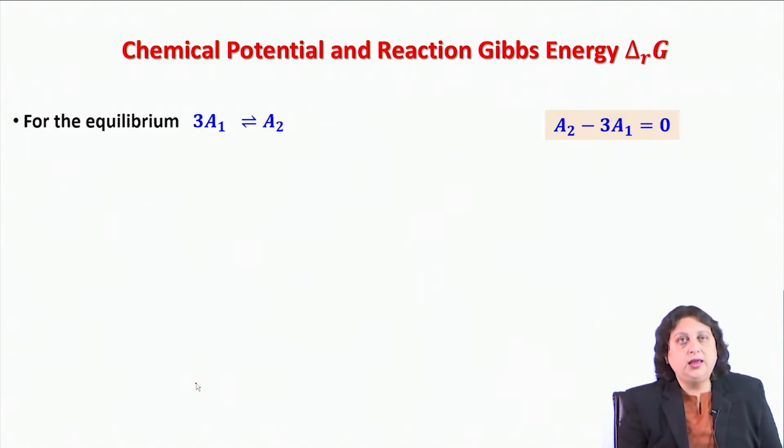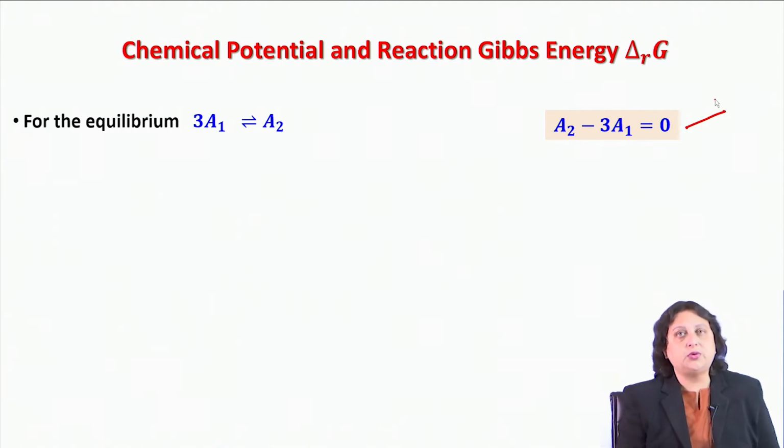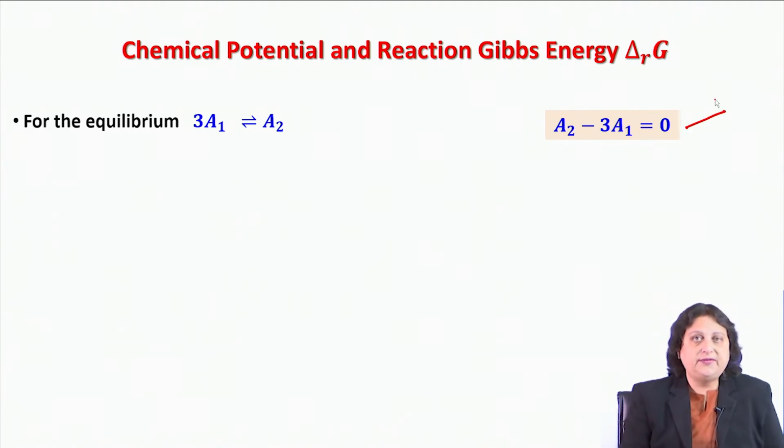Now, if I do a little bit of an algebraic reorganization, I can write down the stoichiometric chemical equation as A2 minus 3A1 equal to 0.